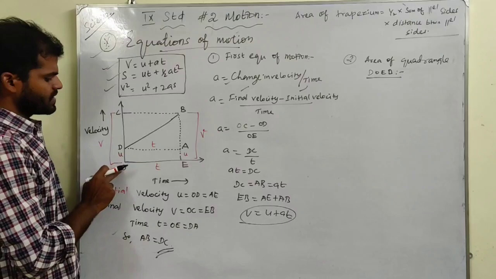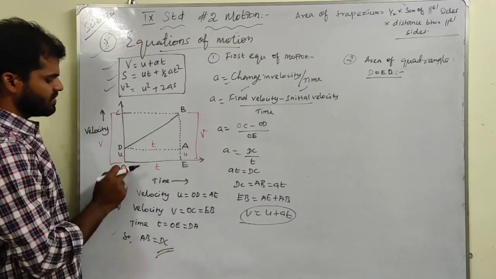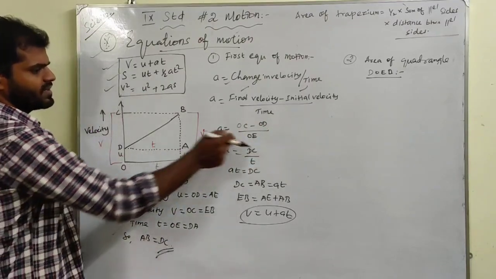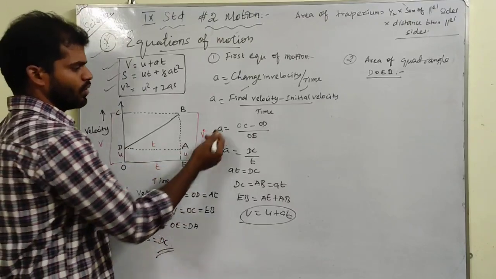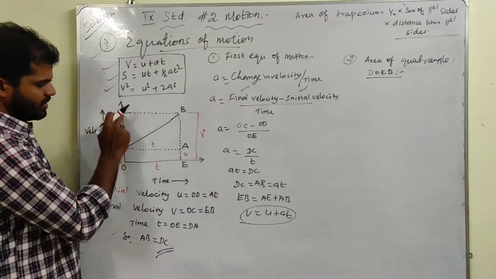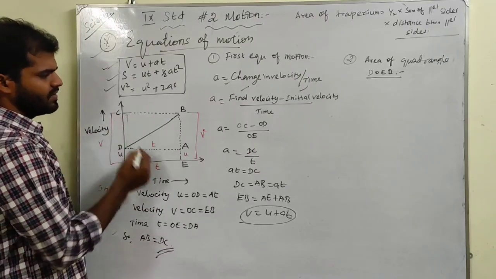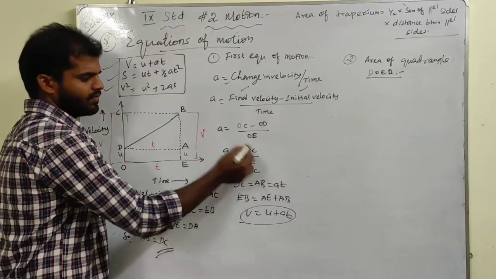Starting from O to C is the final velocity, so OC minus initial velocity OD, divided by OE, that is time. Time is OE, or you can write DA. So A is equal to OC minus OD. When you subtract OC minus OD, you will get this point alone, so we get DC by T.